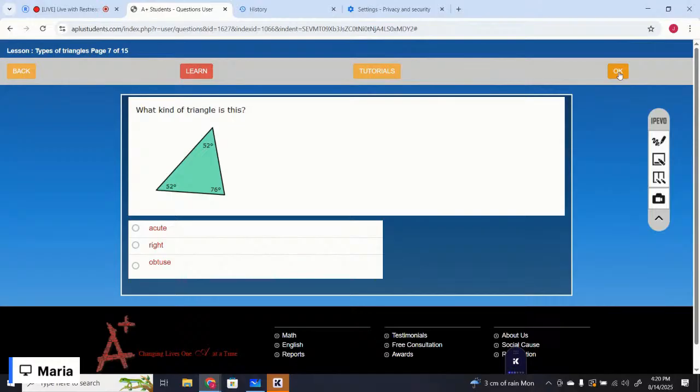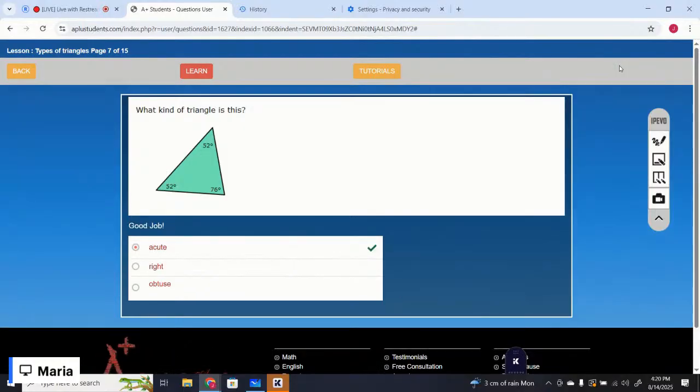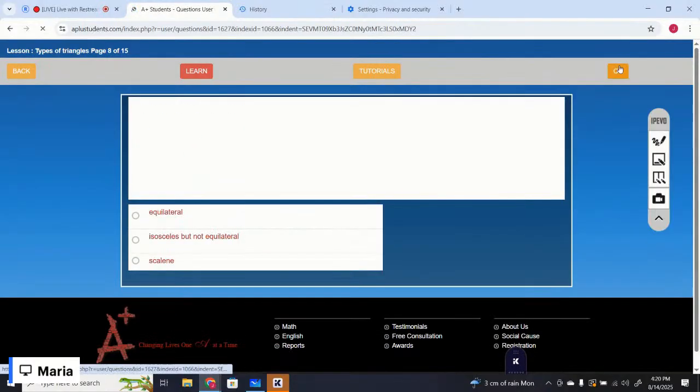What kind of triangle is this? What kind of triangle is this?